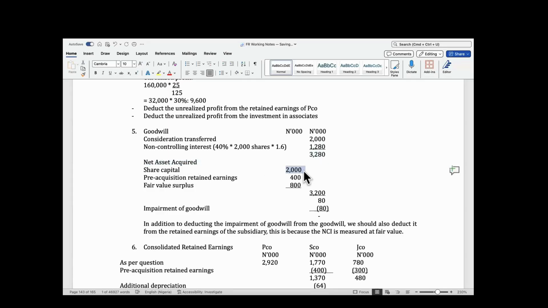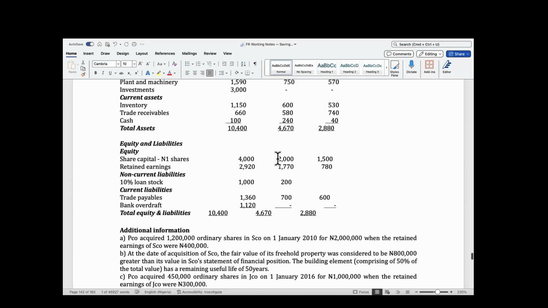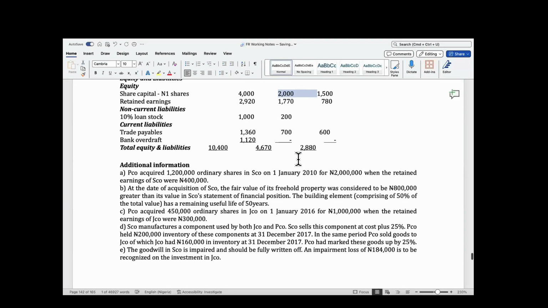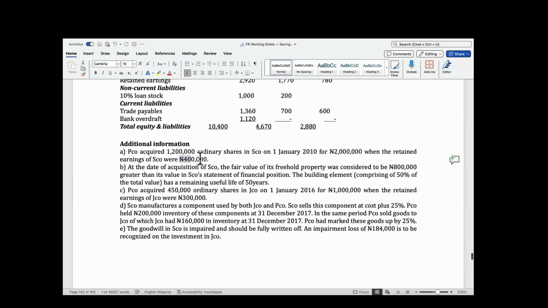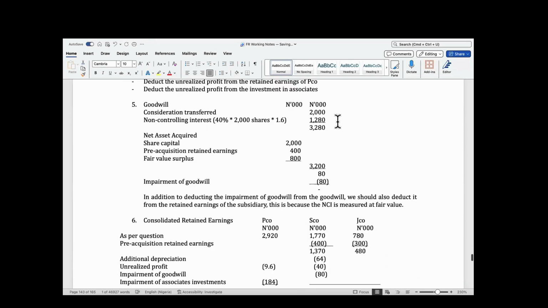The share capital of the subsidiary is 2 million, which is this. Then this is the pre-acquisition retained earnings, 400. And we'll also consider the pre-acquisition reserves, revaluation surplus as well, 800. So 2,400, 800, 3.2.